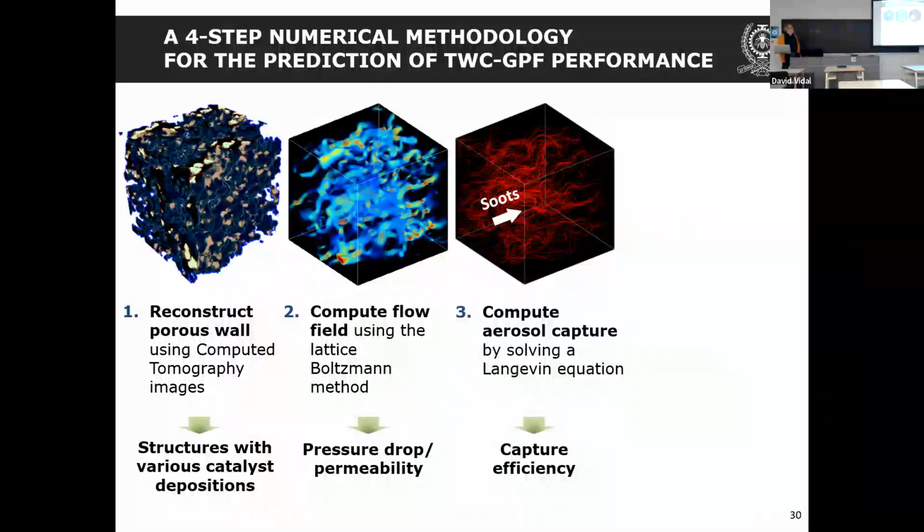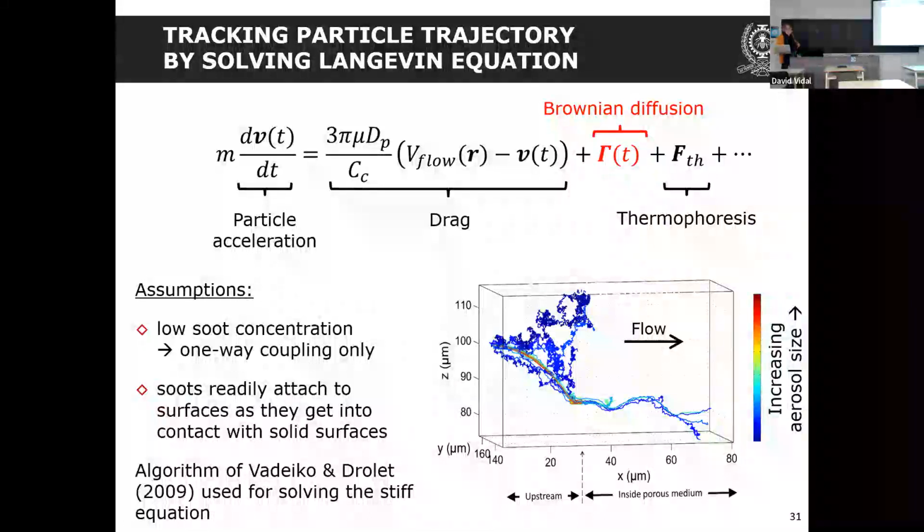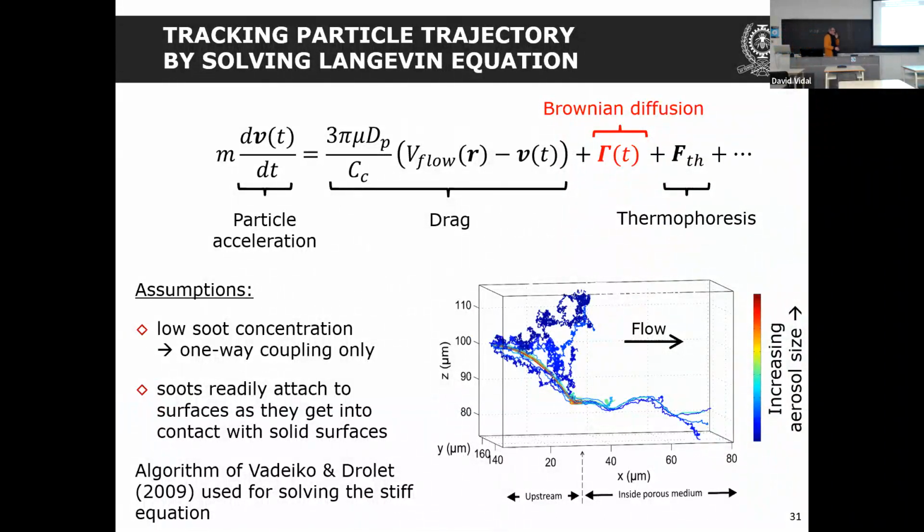The third step, we solve the Langevin equation. What is the Langevin? What I'm going to show you now is also part of the mathematization of the problem. Langevin's equation is basically a stochastic differential equation. It's actually Newton's second law of motion that we're solving for each soot particle.